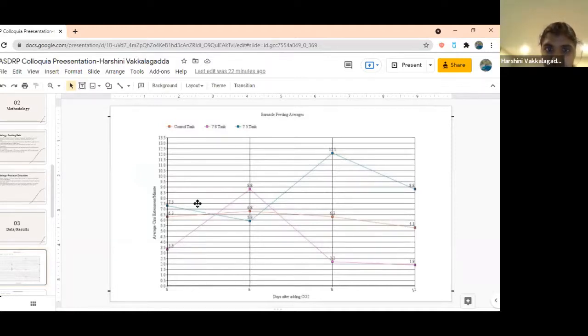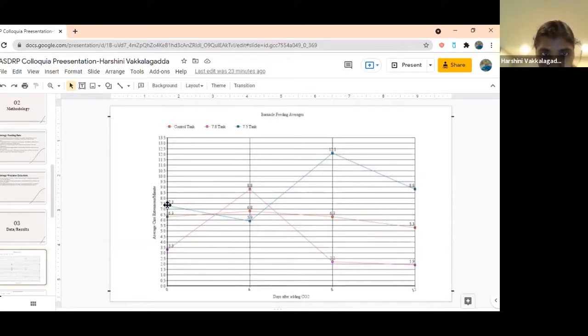And for the 7.5 pH tank, there are more fluctuations, as you can see. The data goes from 3.5 to 8.8 cirri extensions, and then it decreases from 4 days to 8 days, from 8.8 to 2.2 cirri extensions, and then it decreases even more.